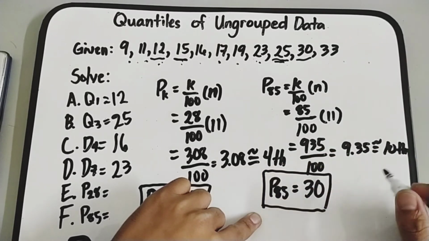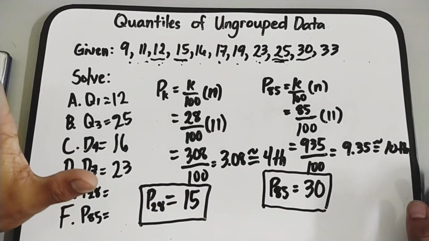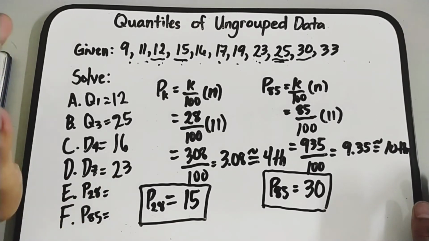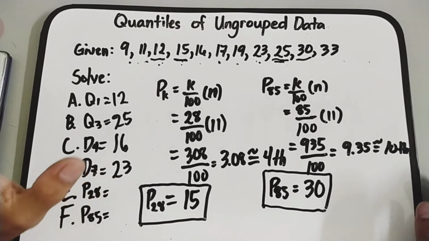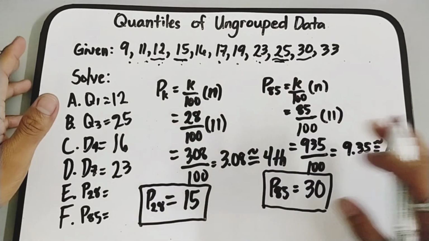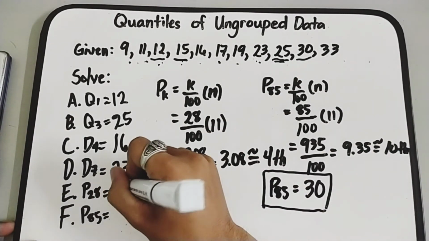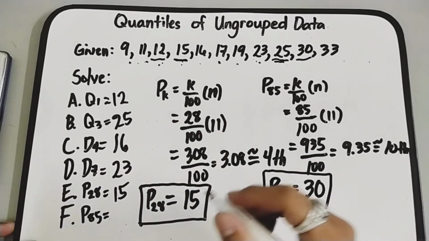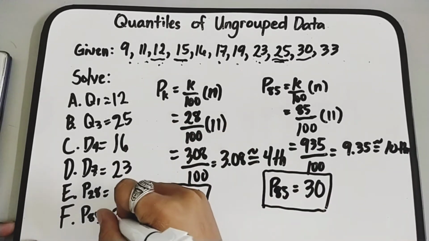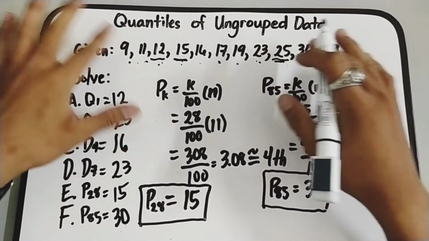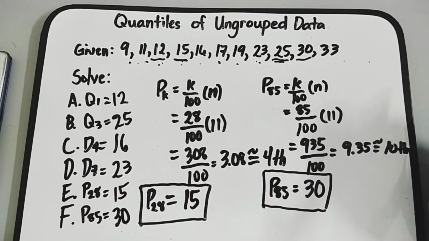Yan. So, this is quantiles, specifically of ungrouped data. Ungrouped data pa lang po ito. Okay. Then, P28 is 15. And then, P85 is 30. Based on given natin na example.